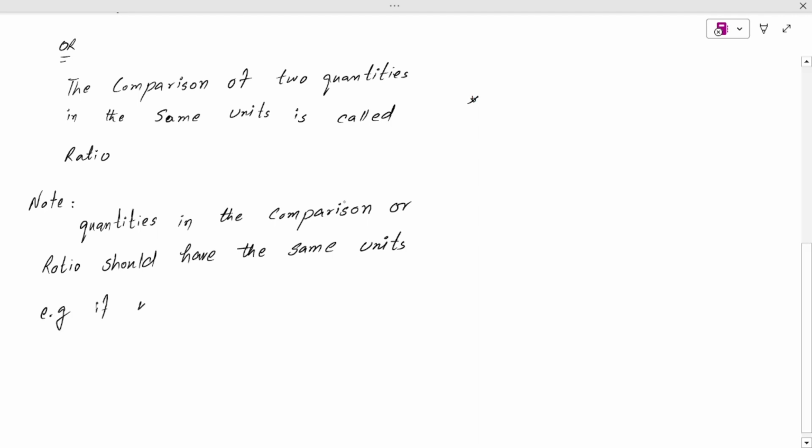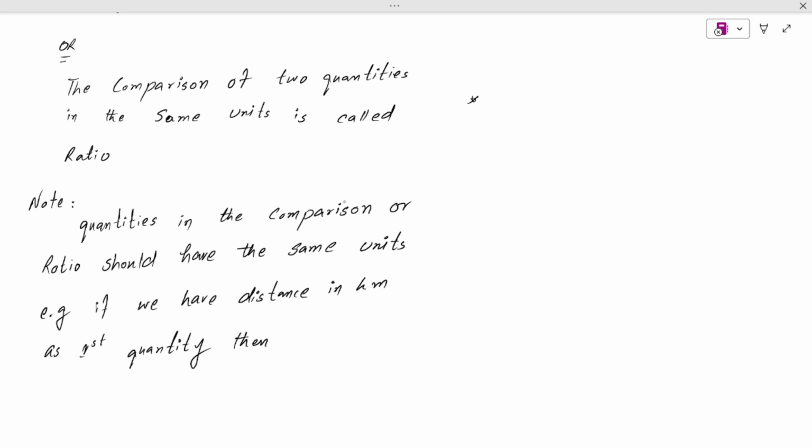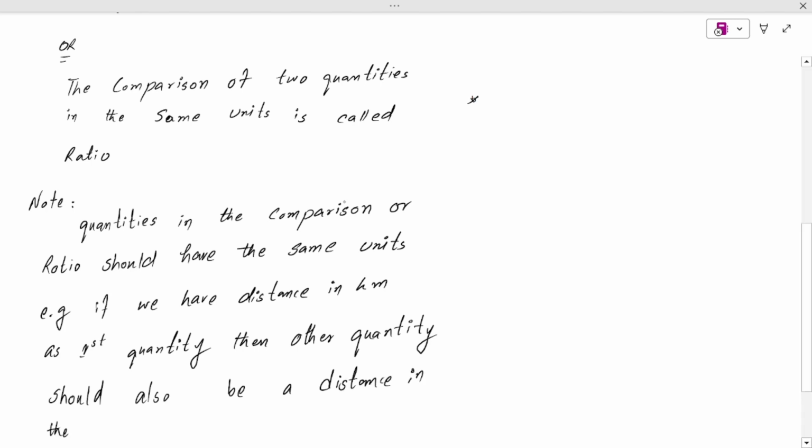For example, if we have distance in kilometers as the first quantity, then the other quantity should also be a distance in the same unit in which the first quantity is.